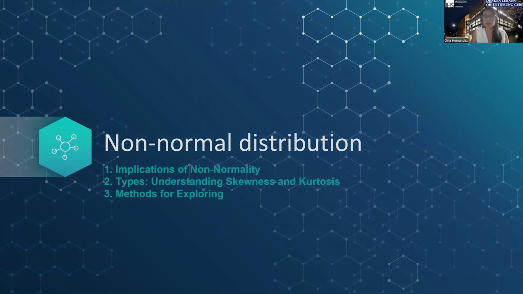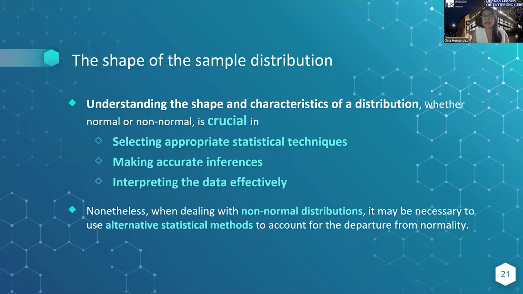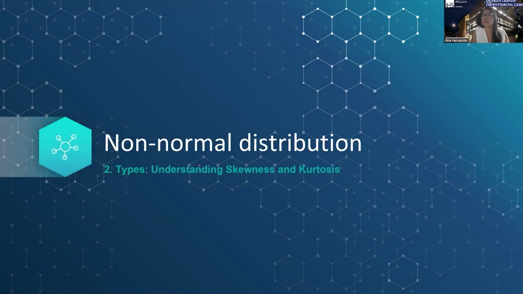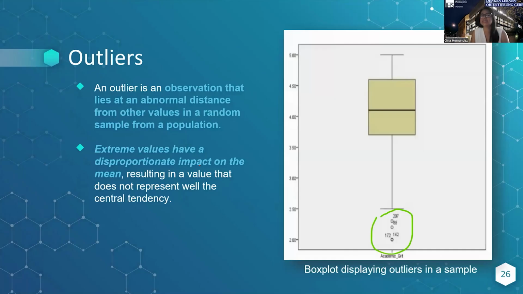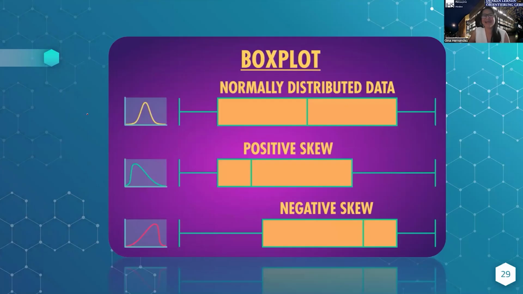The box plot, which looks like this, is also really helpful for looking into the normal distribution. This is a box plot. We will talk about it today, but this is supposed to be centered. Here, for example, you can see how normally distributed data look in a box plot. It should look like this.